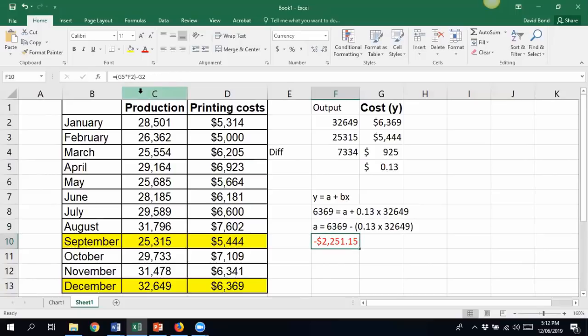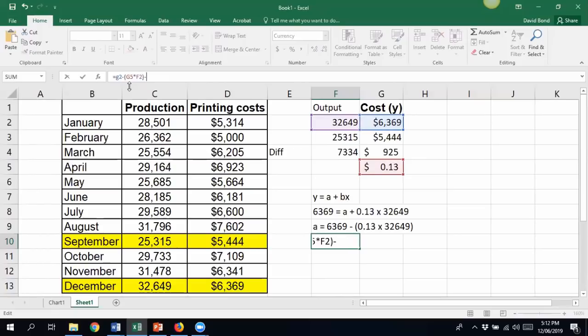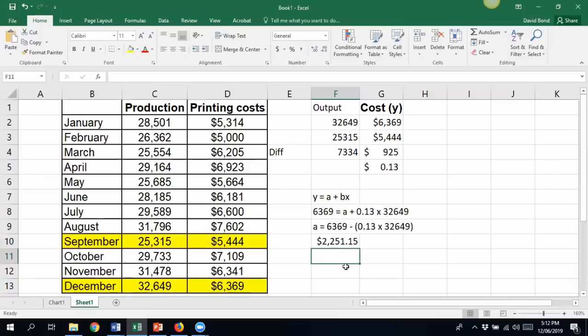Probably watching that going, why is he doing it that way around? Equals $2,251. I would just round it off to dollars at that point, so 2,251. So what that means is you have a fixed cost, I'll just write it up here. So your fixed equals 2,251 and your variable equals 13 cents a unit.